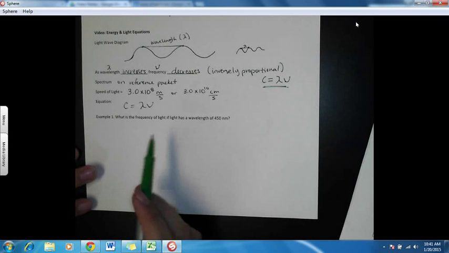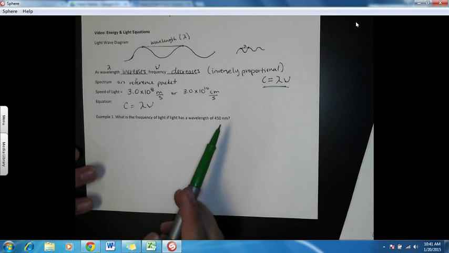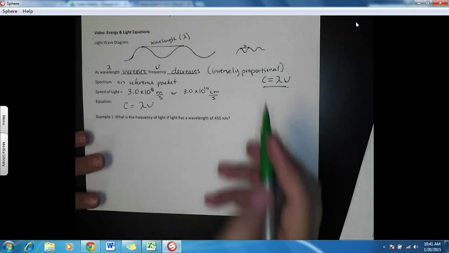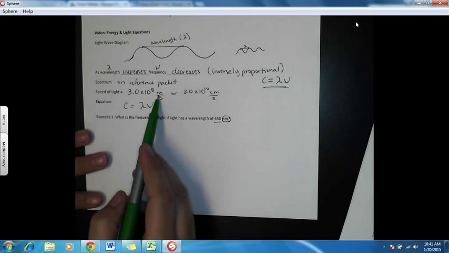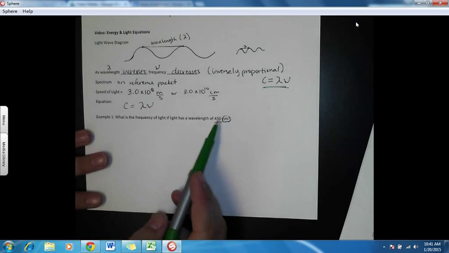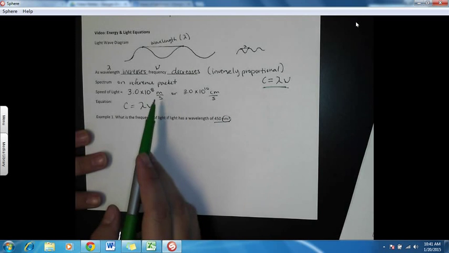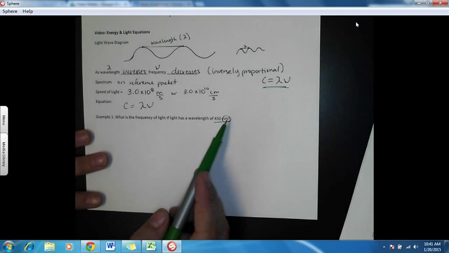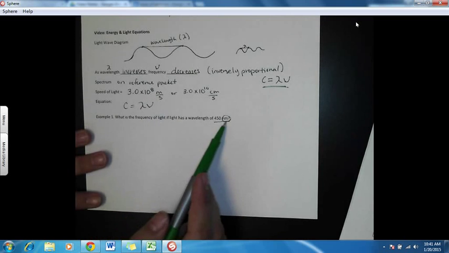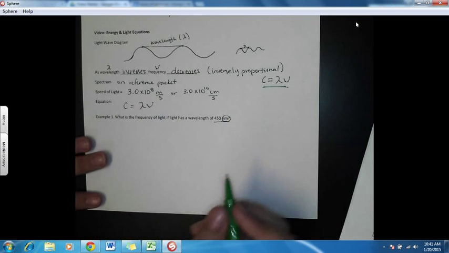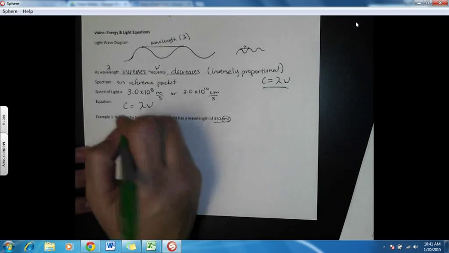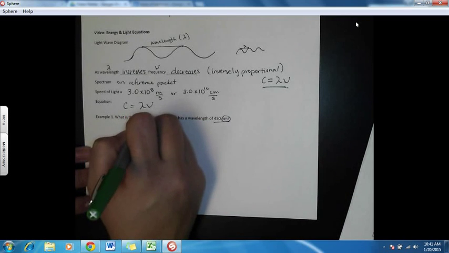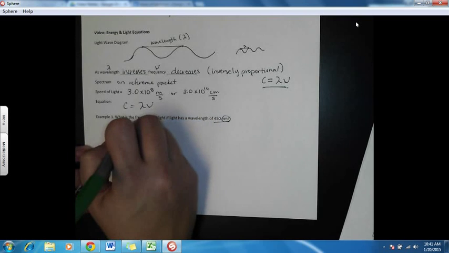So what's the frequency of light that has a wavelength of 450 nanometers? Well, if our wavelength is in nanometers and our speed of light is in meters, that's not going to work. We can't have unlike terms, so we must convert one or the other. I like to convert things to the base unit, that's just me. So we're going to convert 450 nanometers into meters.